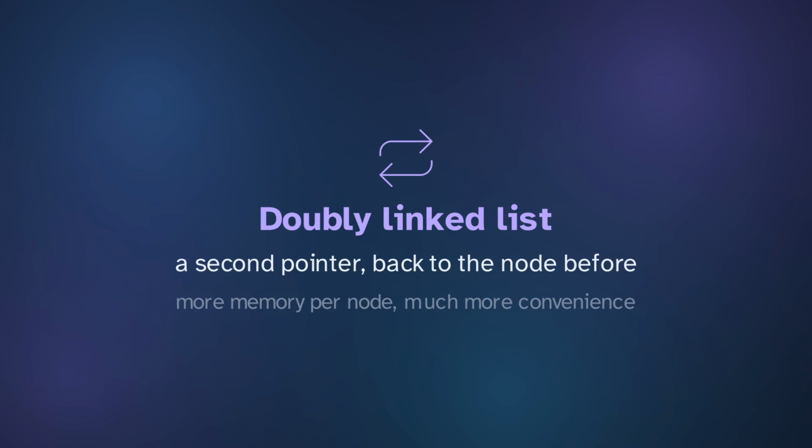One small extension you will see often. Give every node a second pointer back to the node before it. Now the chain can be walked in both directions. That is called a doubly linked list. It costs a little more memory per node, and it buys a lot of convenience.